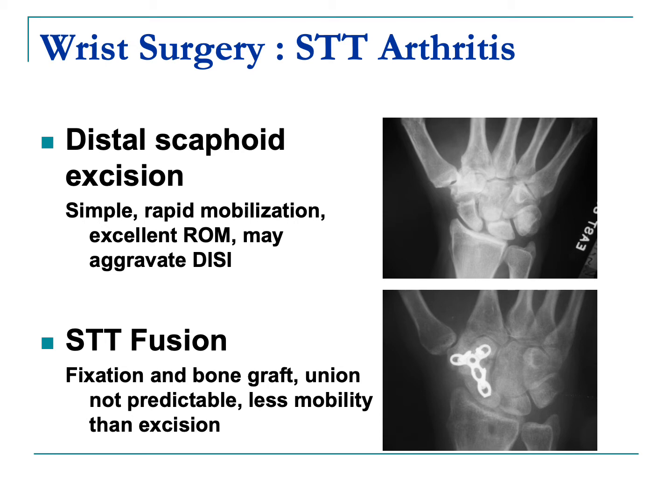However, if the patient does have evidence of scaphoid flexion, this may be aggravated by scaphoid excision, and therefore this would be a situation where scaphotrapezial trapezoid fusion would be a better choice. The problem with the STT fusion is that, again, like the four-corner fusion, it requires good carpentry, good alignment, and good fixation.